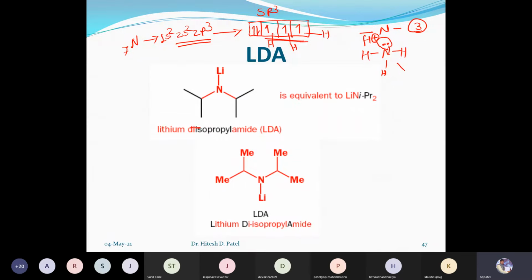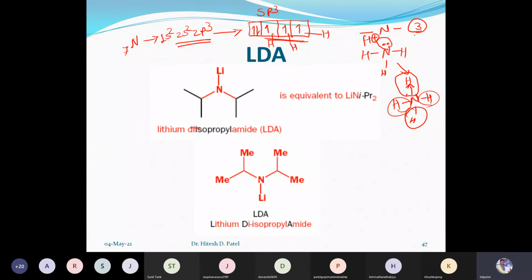This bond is known as a coordinate covalent bond. So now we can say nitrogen is attached to 4 hydrogens, but one is via a coordinate covalent bond and the remaining are by covalent bonds.